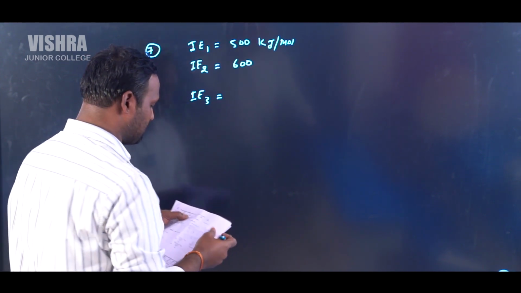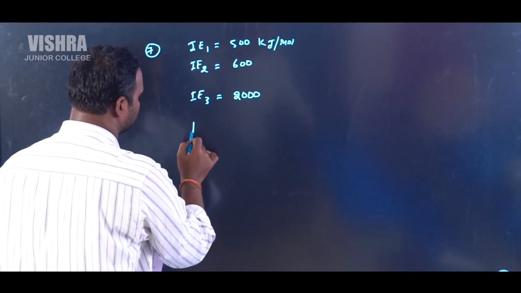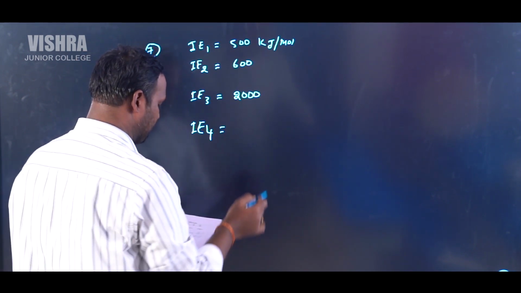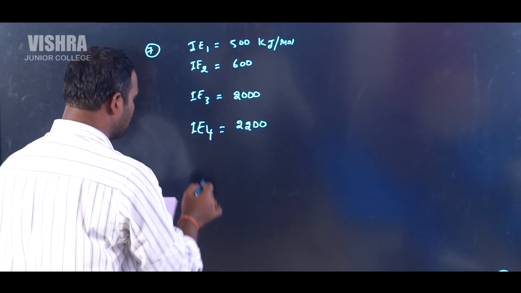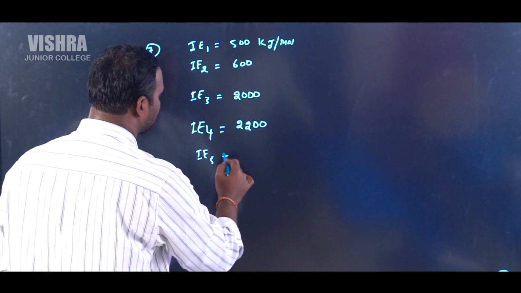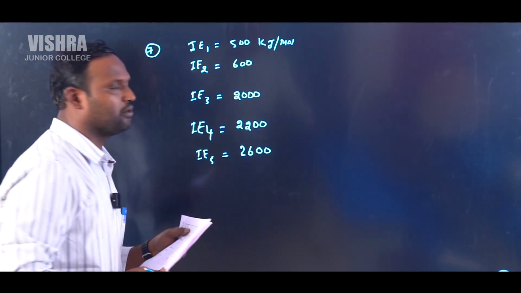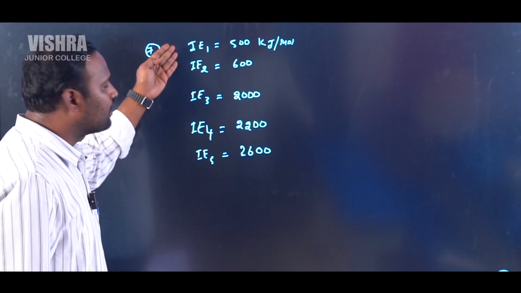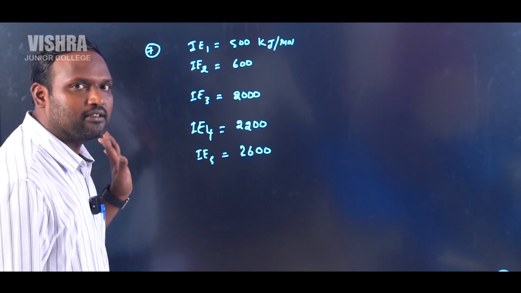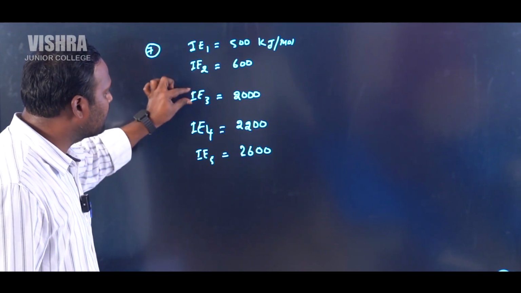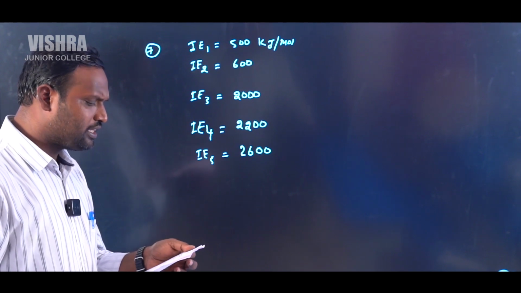I3 of that element is 2000 kilojoule per mole. IE4 of that element is 2200 kilojoule per mole. IE5 of that element is 2600 kilojoule per mole. So the five ionization energies of element X are given like this: IE1, IE2, IE3, IE4 and IE5. Okay, that is the data given.